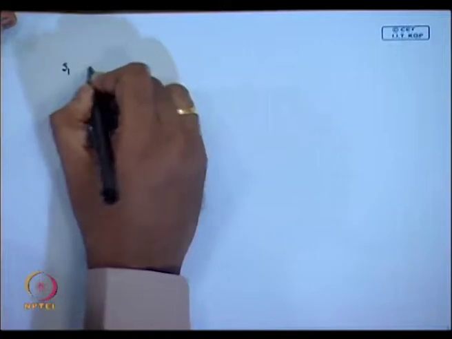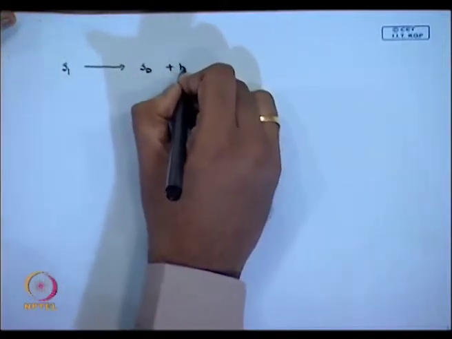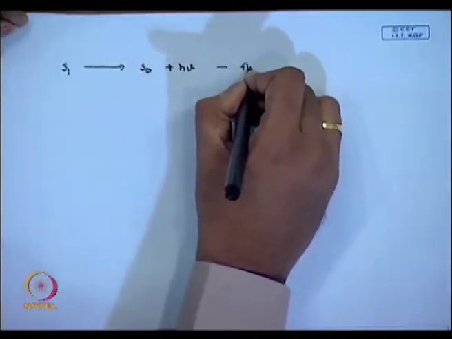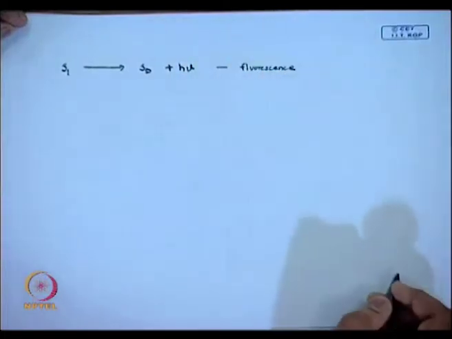If it goes from S1 to S0 giving out light, you call this fluorescence.